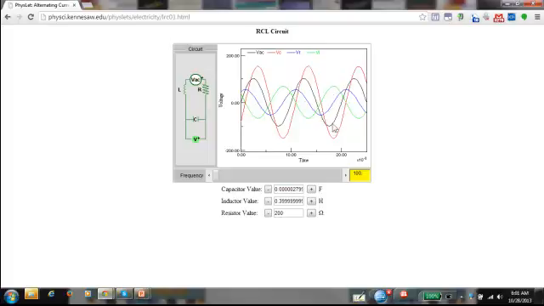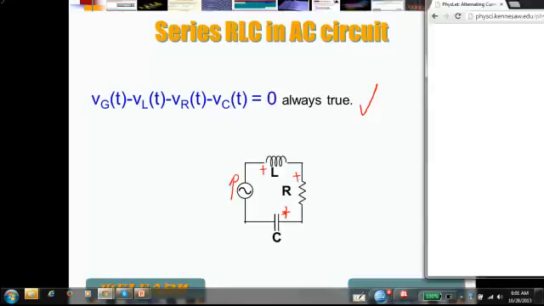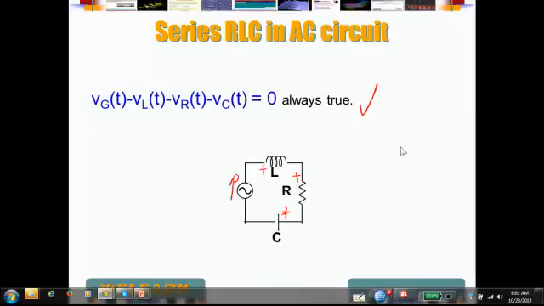The green one is not far different. That's VL max. Remember, the amplitude of each one of these is the Vmax. Now, the black one is the voltage across the generator. And from what we looked at a few minutes ago, the voltage across the generator is supposed to be the sum of all three.